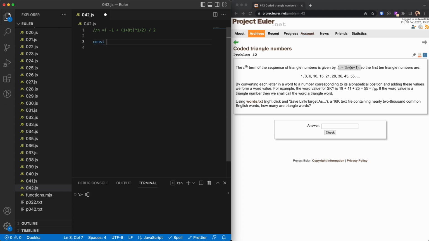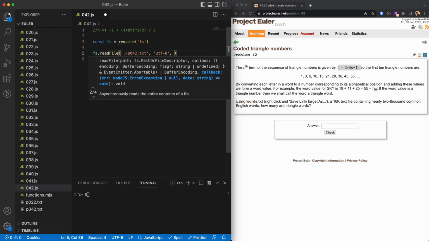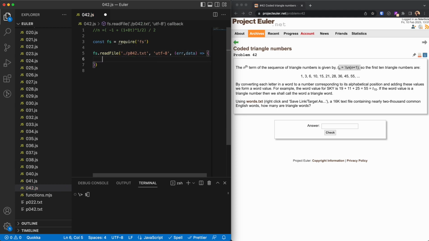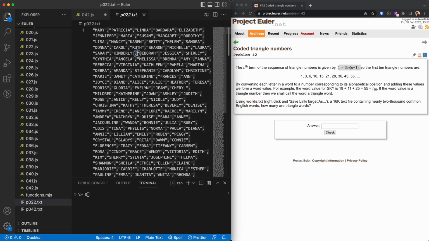So let's first read the file. I will split by this so that the commas are gone, and then if we have like Kimberly, we need to take out the quotation marks in the front and end.